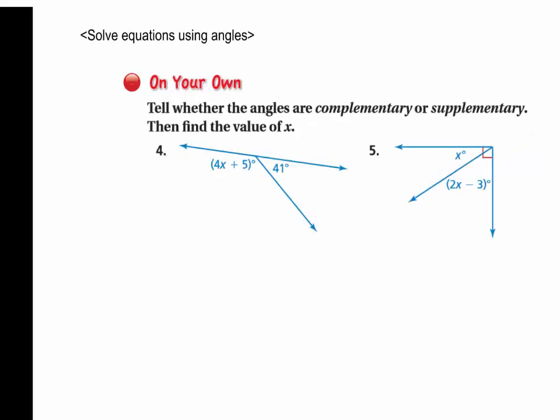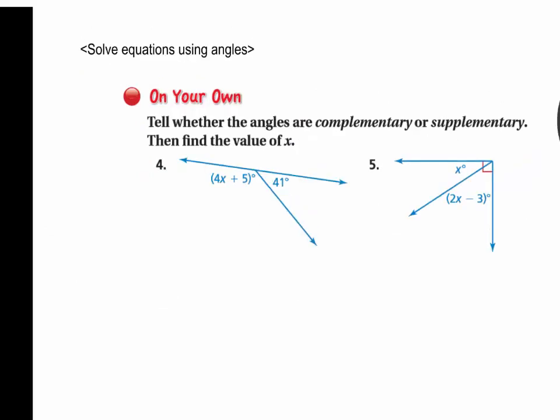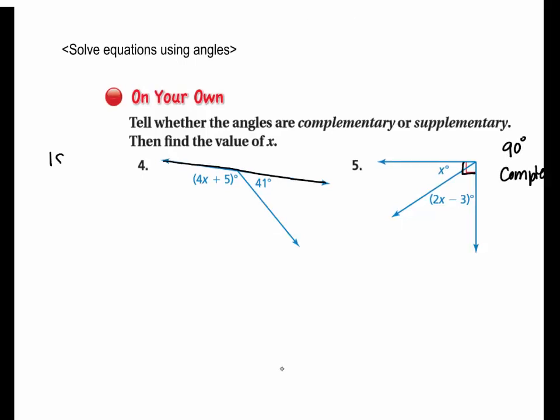Okay, look at the first problem and the second problem. The first one has a straight line. The second one has a right angle. We know that right angles mean 90 degrees. So this is complementary. A straight line has to be 180 degrees, so that's supplementary.